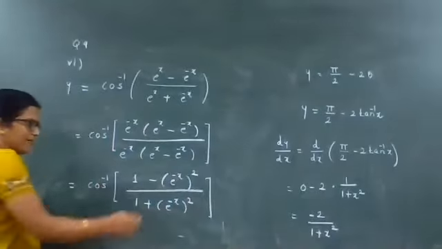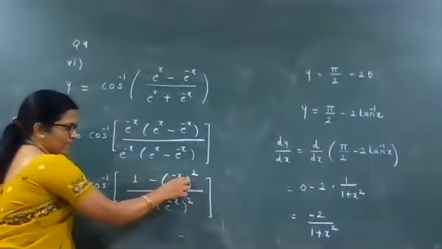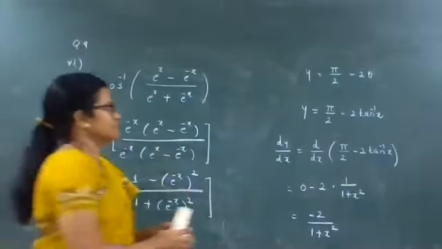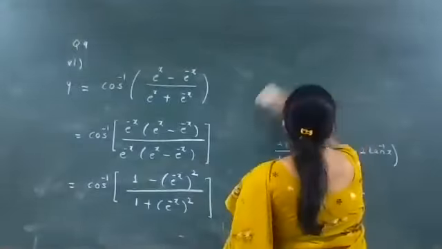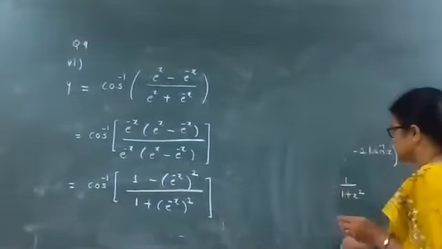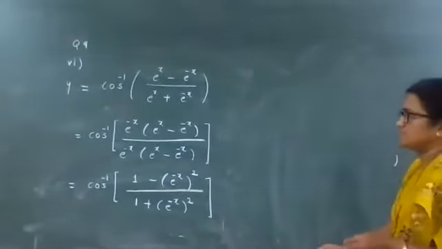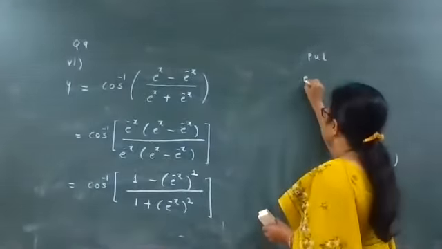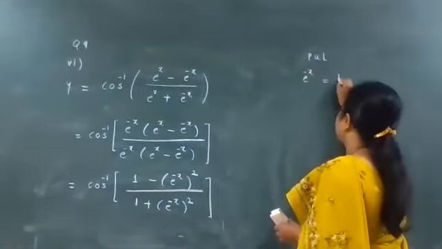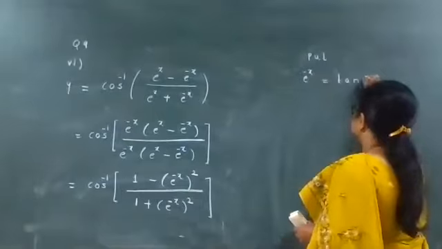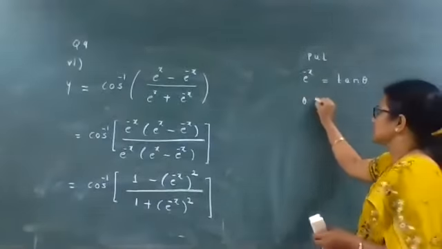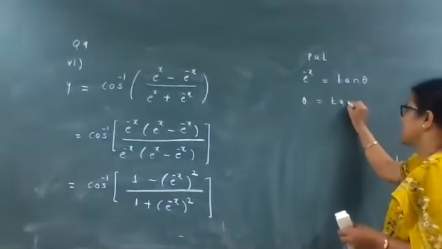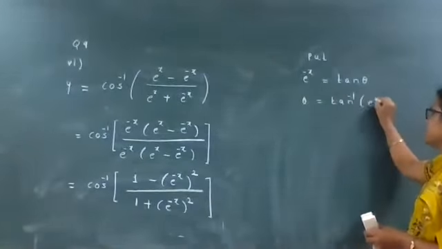Now I substitute for e raised to minus x. Put e raised to minus x as tan theta. Theta is tan inverse e raised to minus x.